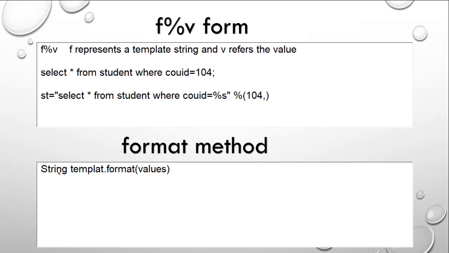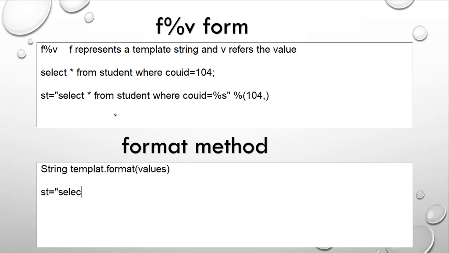Okay, so within the function you are going to specify the values. So suppose I want to execute the above command by using the format method, then what will be the criteria for me?